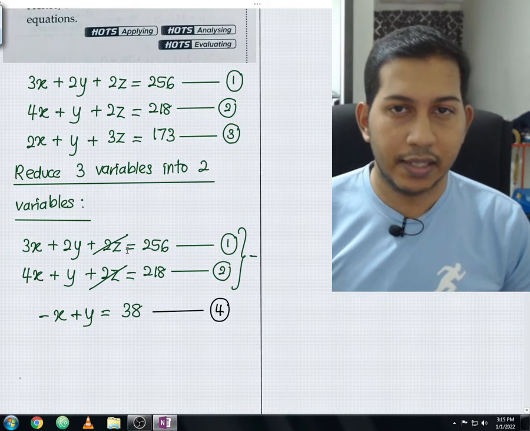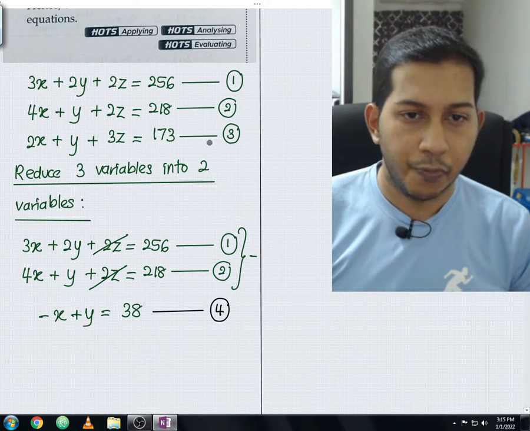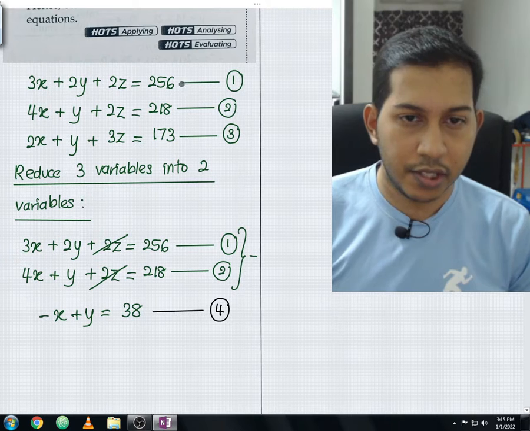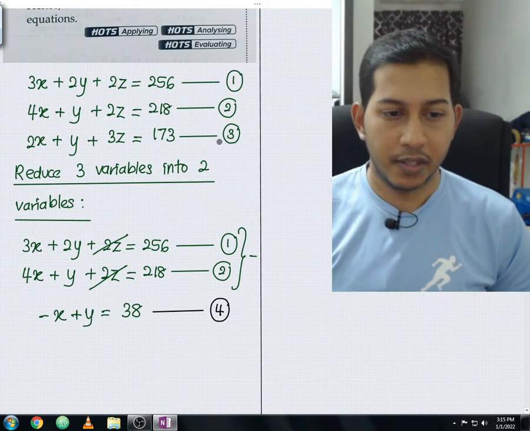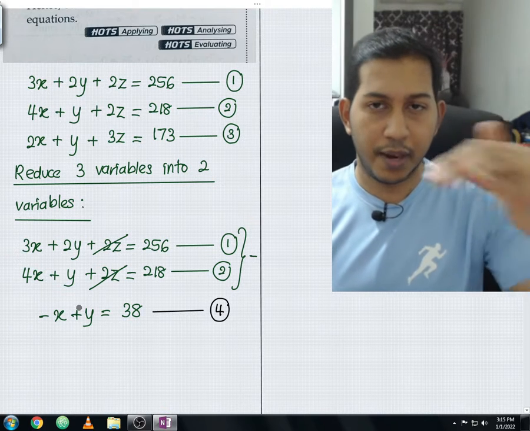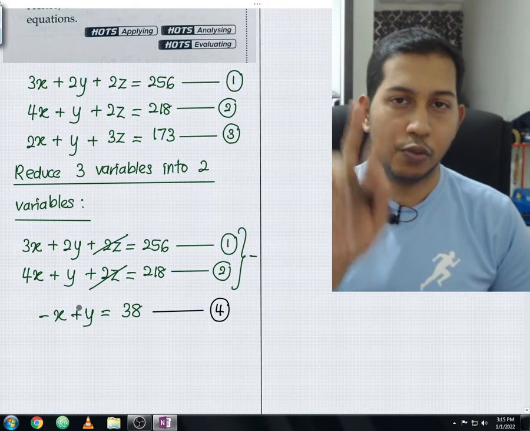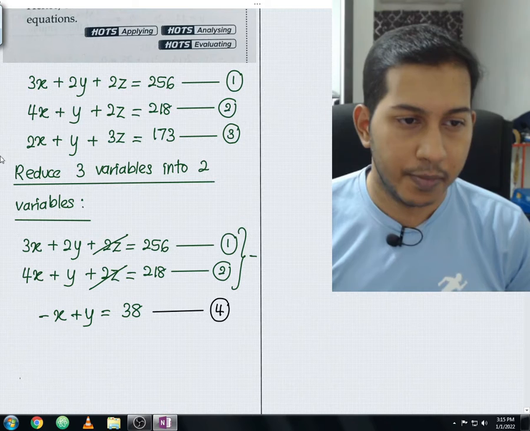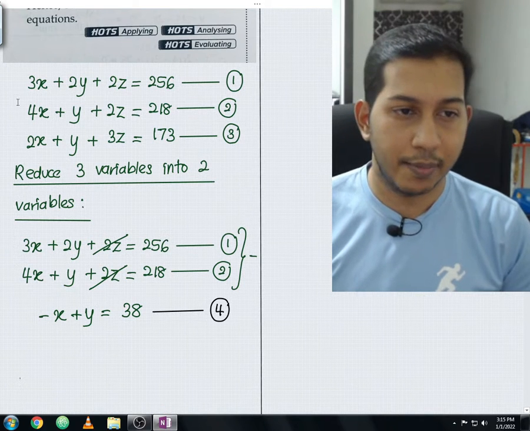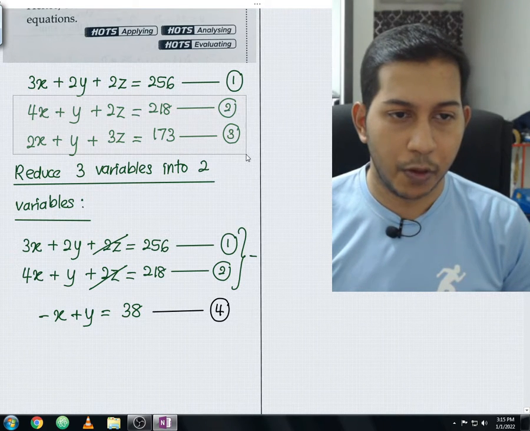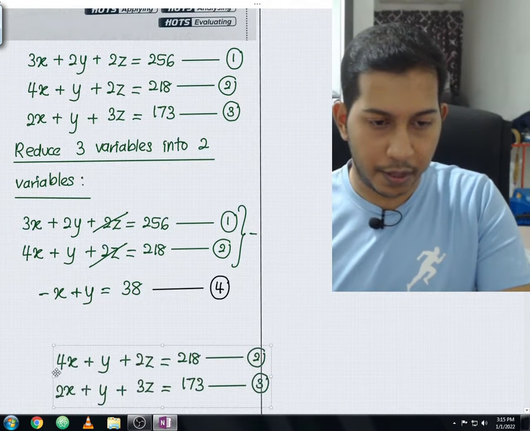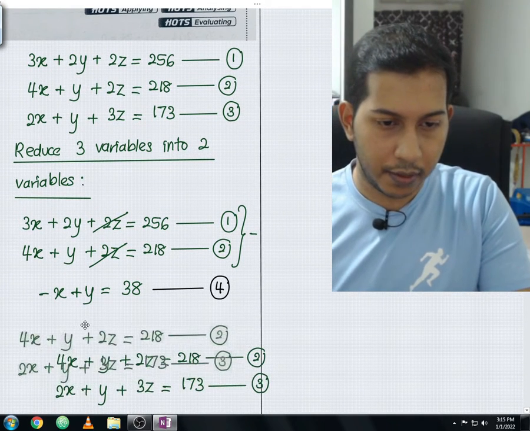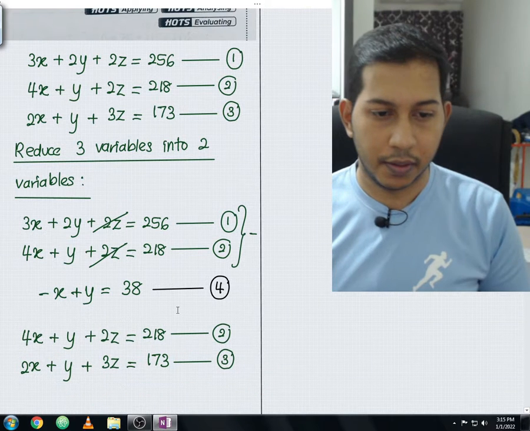So let us conduct the second operation, where in this case we will involve equation 2 and equation 3. Because in order to go to the next step, you need to have at least 2 equations, since we are reducing from 3 variables into 2 variables, you know. So from here you copy this and you paste it over here. So this will be your second operation.